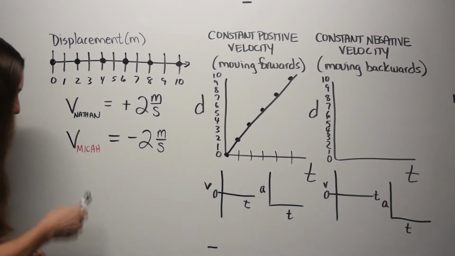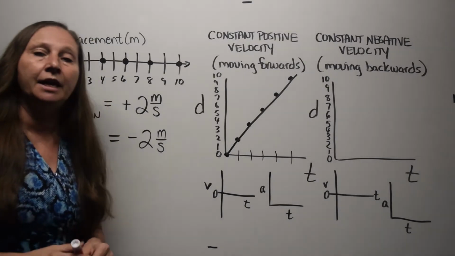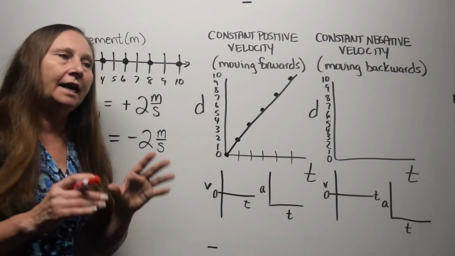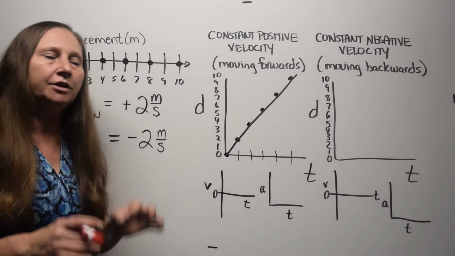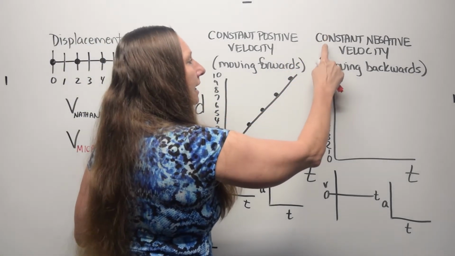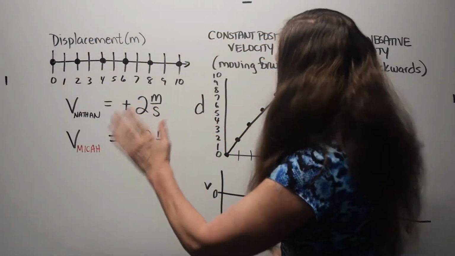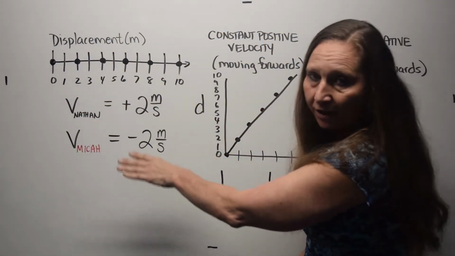Now, what about Micah? Well, Micah is walking backwards at a constant negative velocity. He's walking to the left, or he's walking west.